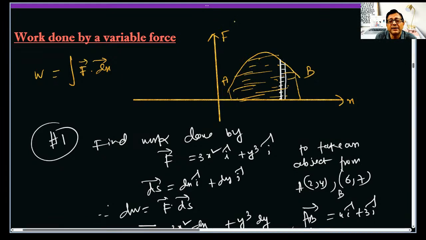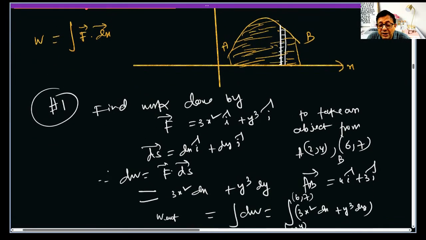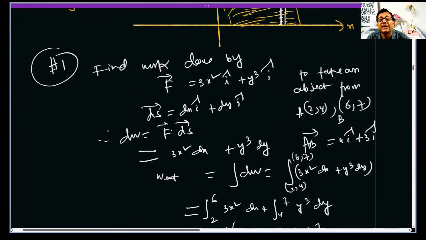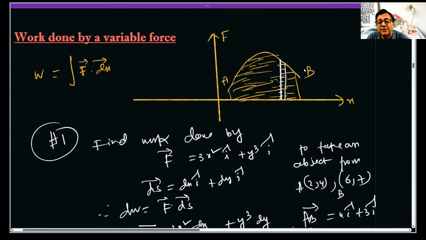This area may be in a simplified form, like a rectangular shape or maybe a trapezium shape; you can find the area of a trapezium or a rectangle. But when the force is variable like this, we should remember that the work done is actually this area. Okay, this is the concept here.